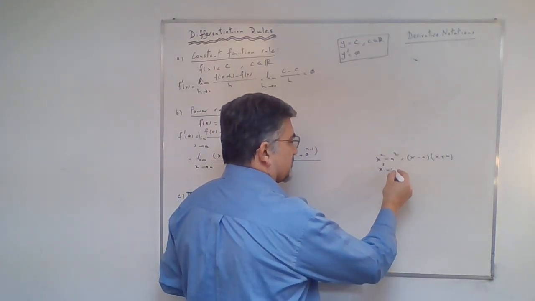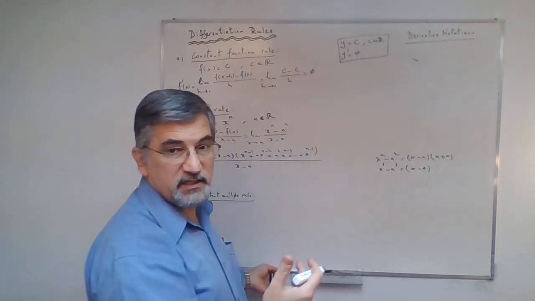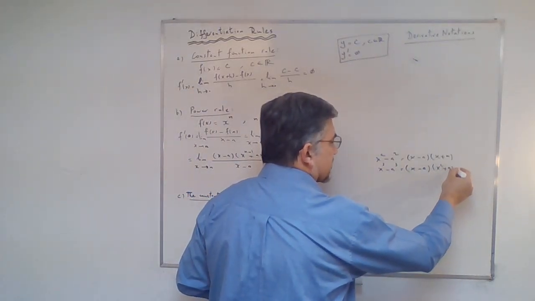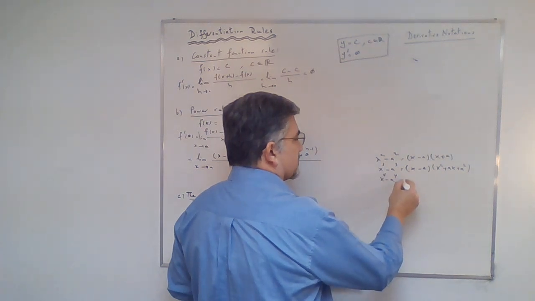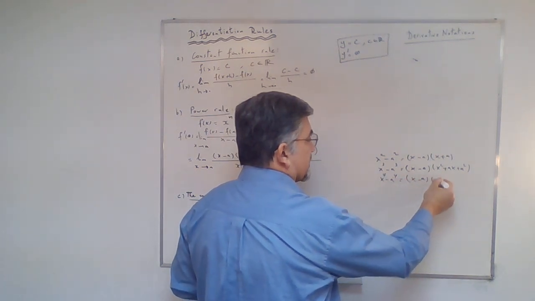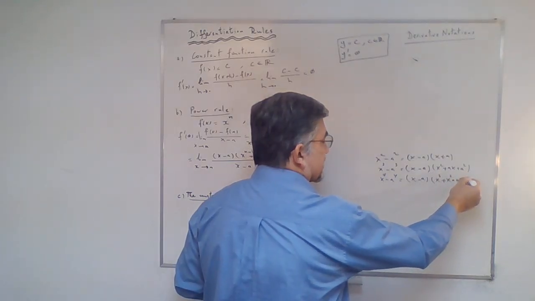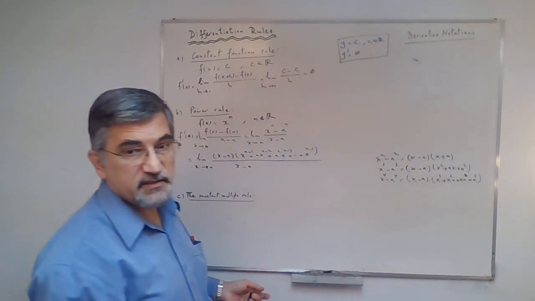When you have x cubed minus a cubed, again you have this factor of x minus a, and we have x squared plus ax plus a squared. And if you have x to the 4 minus a to the 4, again you have x cubed plus x squared a plus x a squared plus a cubed. So it can be factored like this.